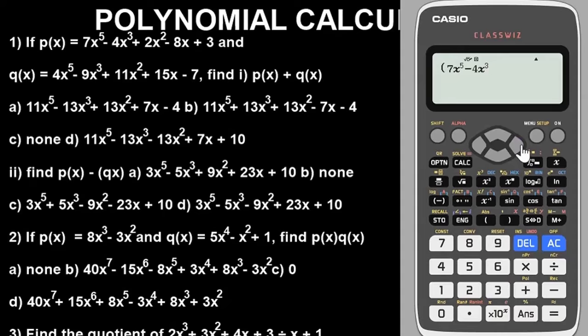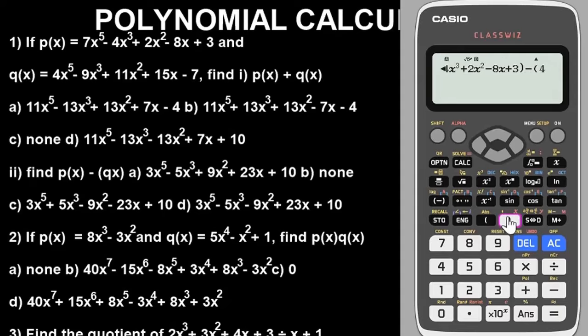Let's come down, plus 2x alpha x squared, minus 8x alpha x, plus 3, close the brackets, hope it's correct here. Minus, so what else do we have?